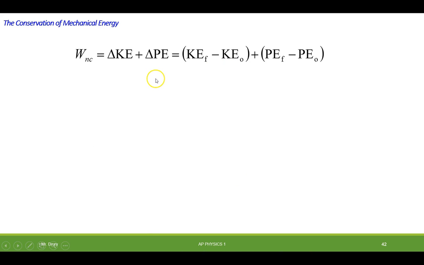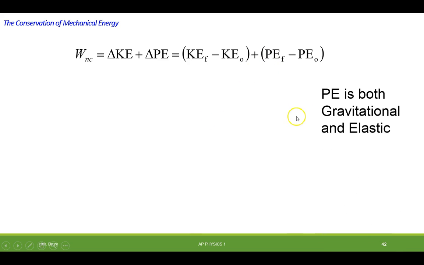So we can think of this a little bit differently too. We know that change in kinetic energy is KE final minus KE initial, and change in potential energy is potential energy final minus potential energy initial. And I actually only showed one type of potential energy here just to make the calculation easier. So in other words, this PE is actually both of them.